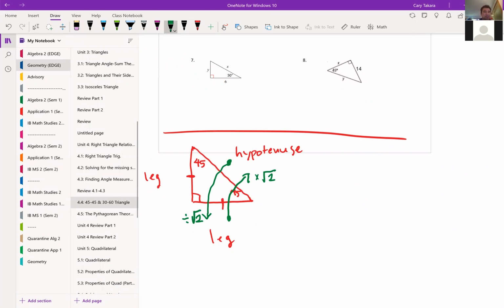So it's either to find the hypotenuse or to find the leg, okay? To find the hypotenuse, you multiply by square root of 2. To find the leg, you divide by square root of 2. Does that make sense? So if this is helpful to you, please write it down in your notes, okay?